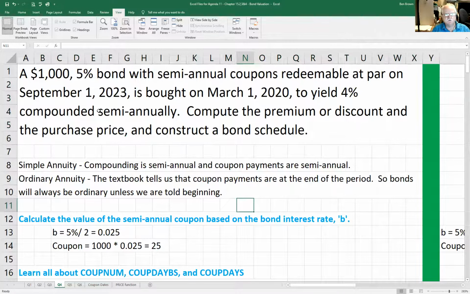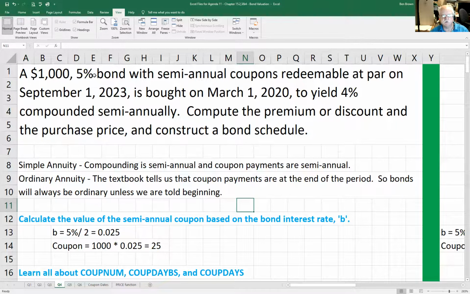So a $1,000 5% bond with semi-annual coupons redeemable at par on September 1st, 2023 is bought on March 1st, 2020 to yield 4%. So the first thing we see is that the market price or the market interest rate has gone down.